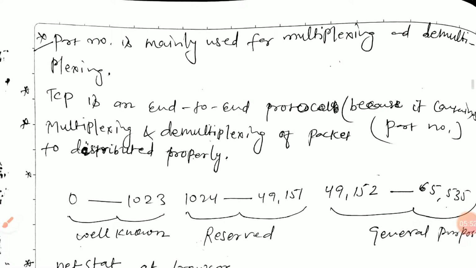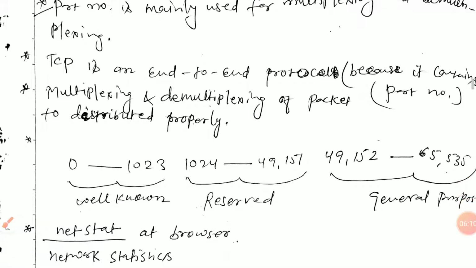TCP is an end-to-end protocol, and because it contains the port number, packets are multiplexed and demultiplexed and distributed properly.